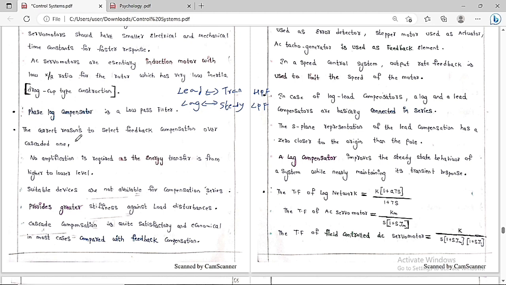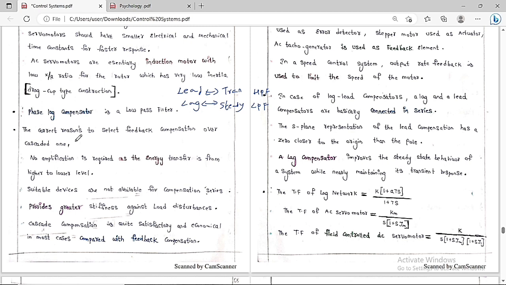So we can say the correct reasons that we prefer the feedback compensation over the series compensation or cascade compensation are: no amplification is required as the energy transfer always takes place from the higher level to lower level in the case of feedback compensation.